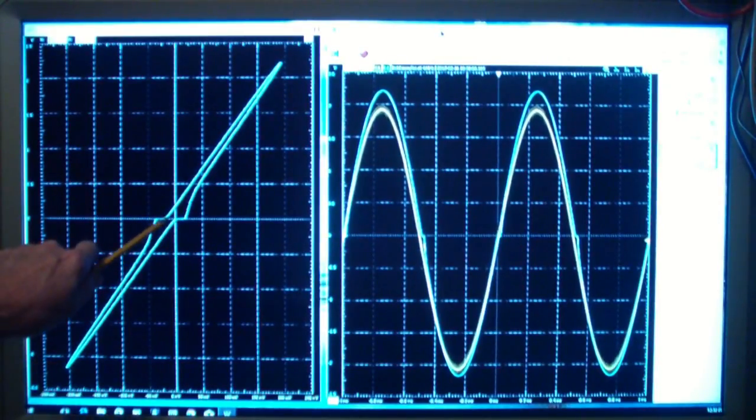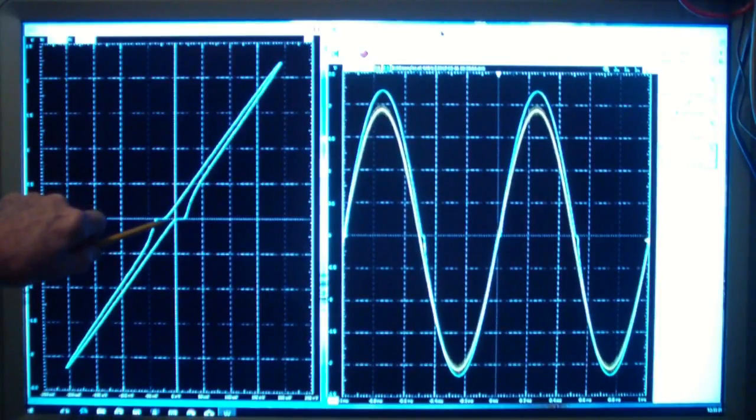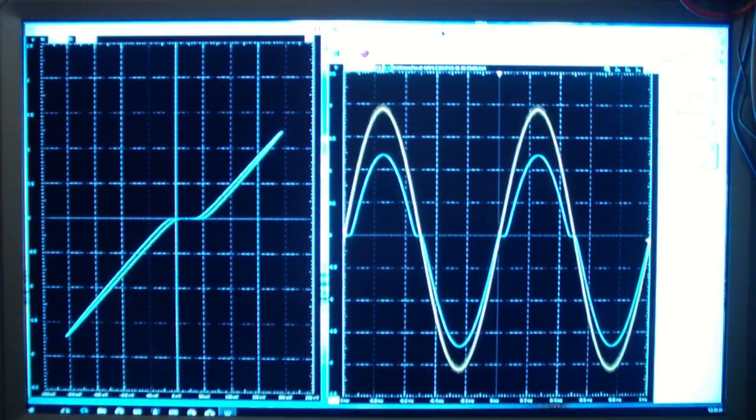And while there still is distortion in the amplifier, a large part of the distortion is being removed by the negative feedback. Now, if we had more loop gain in this circuit, we could get even more of a reduction in distortion. But this is only to illustrate. Let me now go back to local feedback again and global feedback.